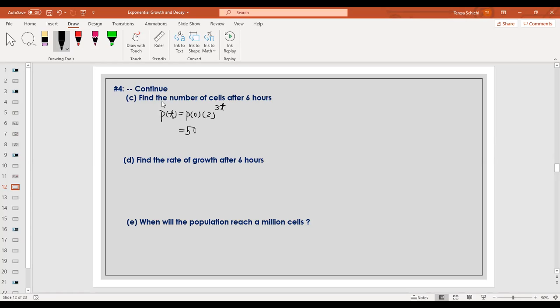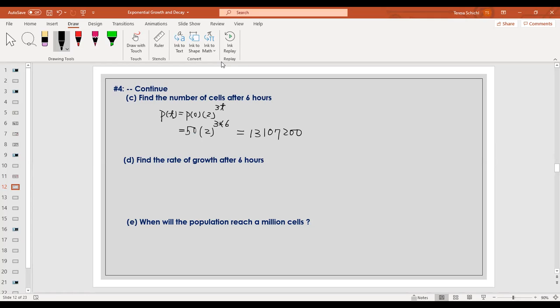It is 50. Then this is 2, then this is 3, and for 6 hours you just multiply by 6. So it's 50 times 2 to the 3 times 6, which will be 131,072. That's what I have here.